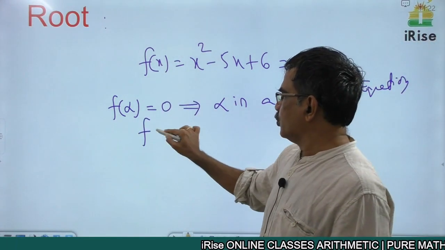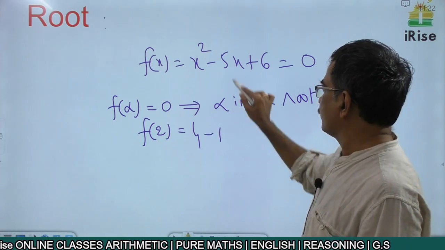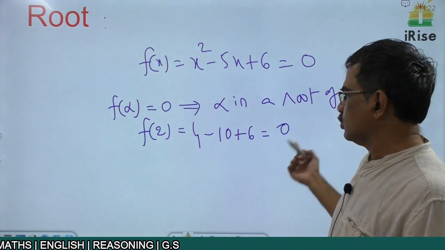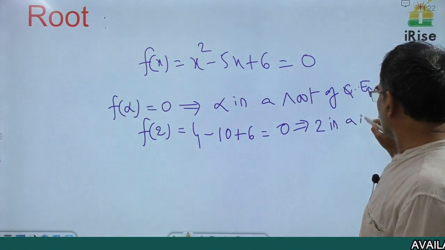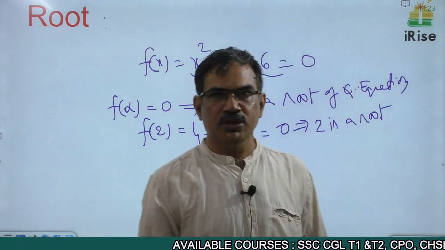For example, if you put 2 here, 4 minus 5 into 2, 10 plus 6 is equal to 0, it satisfies, 0 is equal to 0. So from this we say that 2 is a root of x square minus 5x plus 6 is equal to 0.